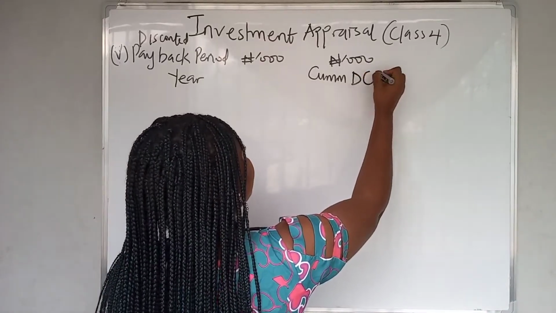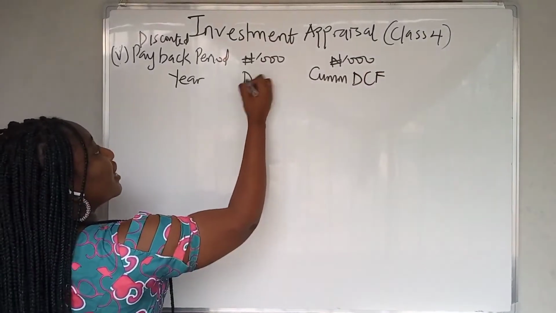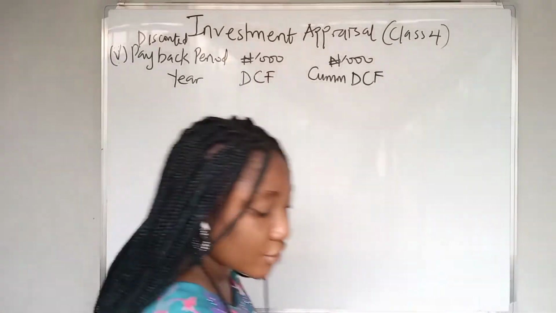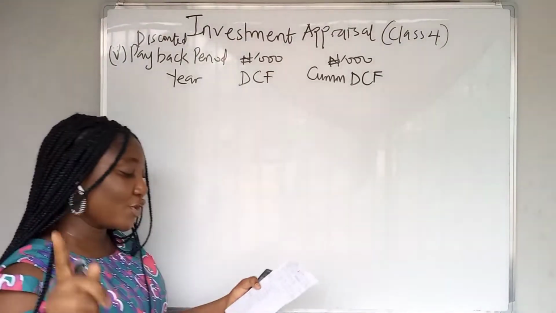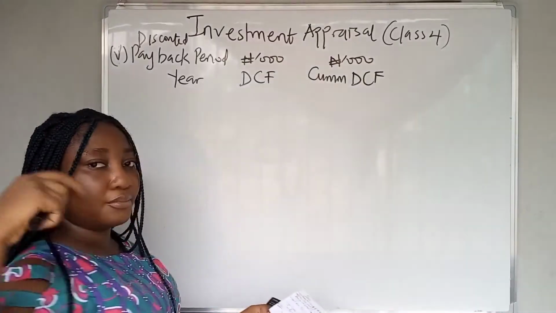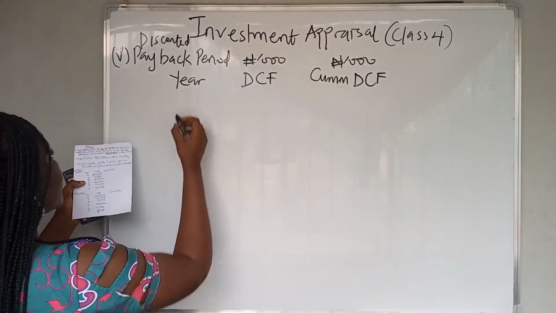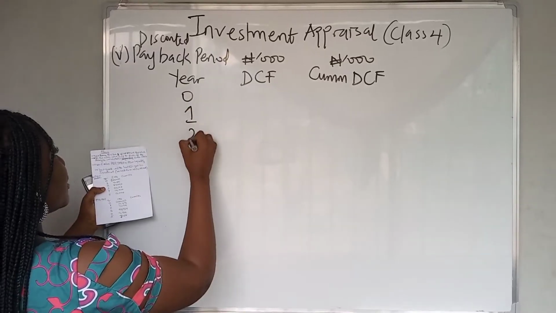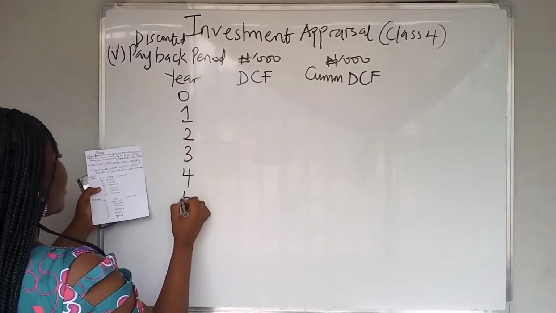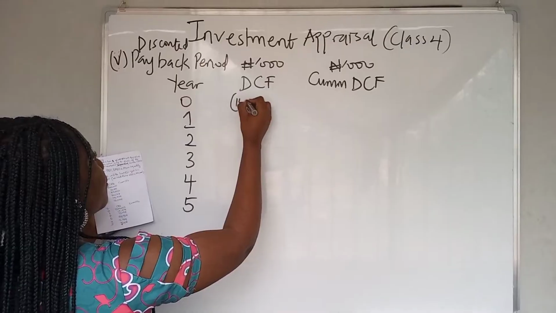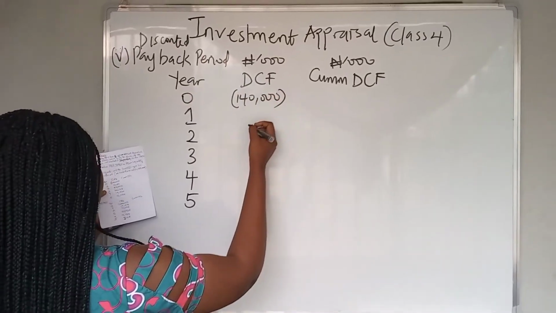Okay, so you have your discounted cash flows, which I believe will be in your own notes from class 2. You have your discounted cash flows for year 0, year 1, year 2, year 3, year 4, year 5. Year 0, of course, is 140,000.